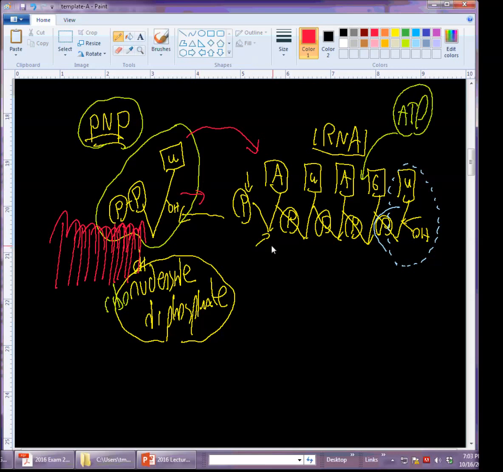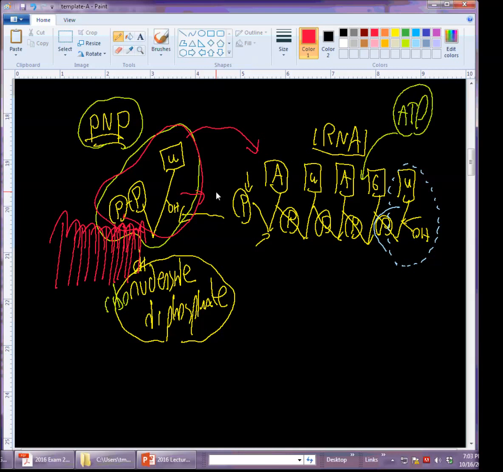So the question is, why doesn't polynucleotide phosphorylase synthesize RNA in vivo? And the reason is these nucleoside diphosphates aren't naturally found in high enough concentrations to allow PNP to work in the opposite direction.